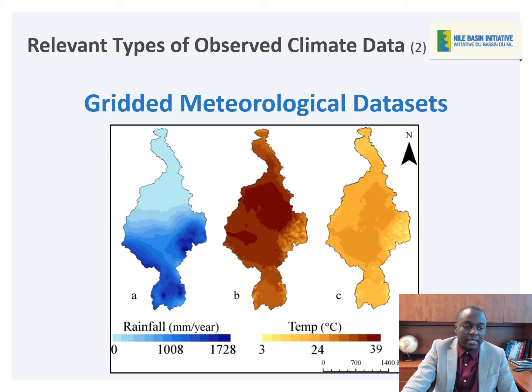Gridded data allow for estimation of weather and climate variables at locations where station data are unavailable. I guess that is the main reason why we need climate data sets. That is the primary reason, to get climate variables at points where station data are unavailable.